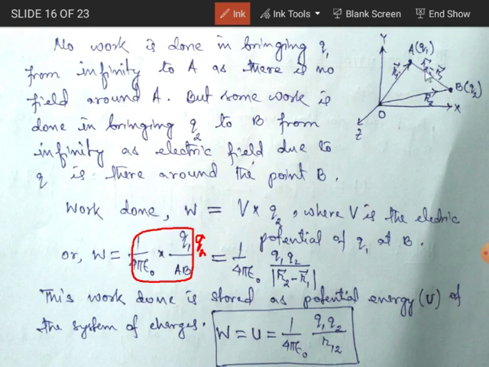And if you want to express this AB in terms of the position vector R2 for the point B, and for the point A the position vector is R1 vector, then your AB will be equal to what? R2 minus R1 vector. Can you see?